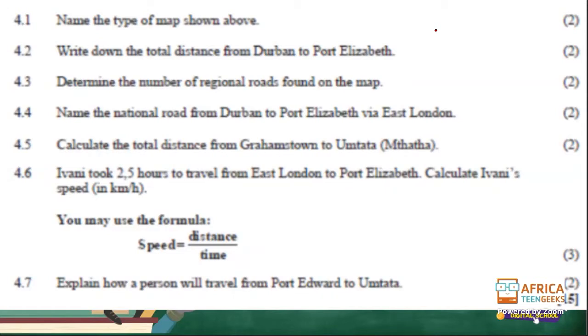I'm giving you guys a minute, so you have about 30 seconds left. Okay, 10 seconds remaining.